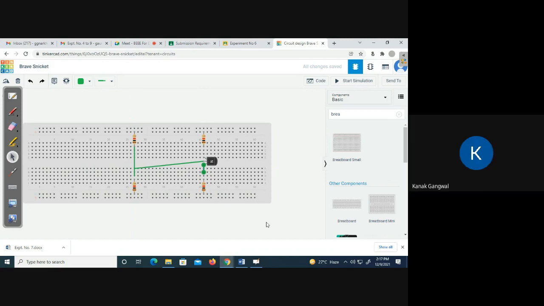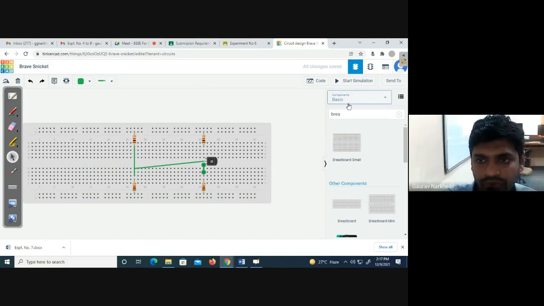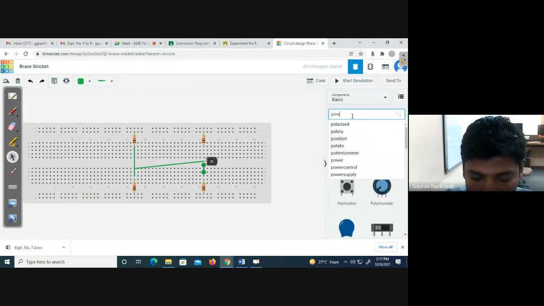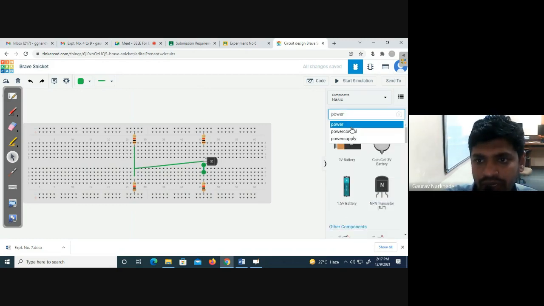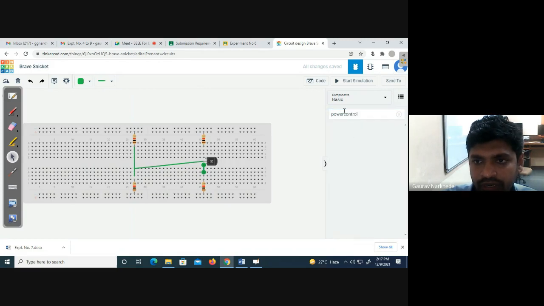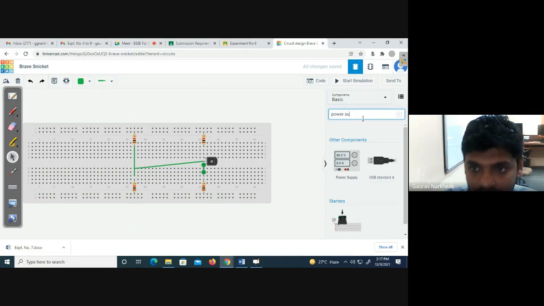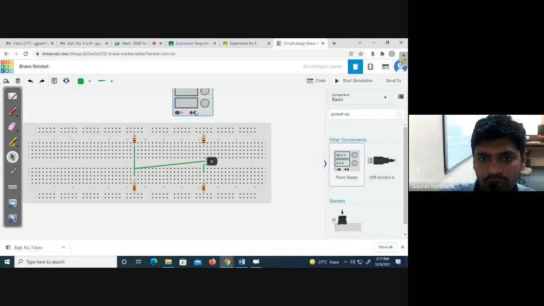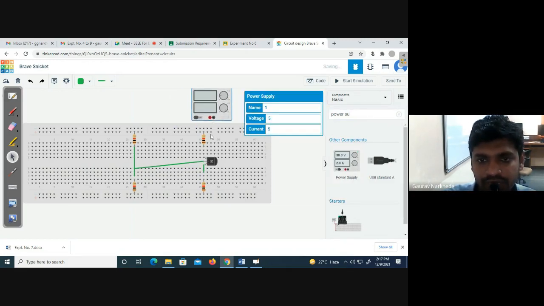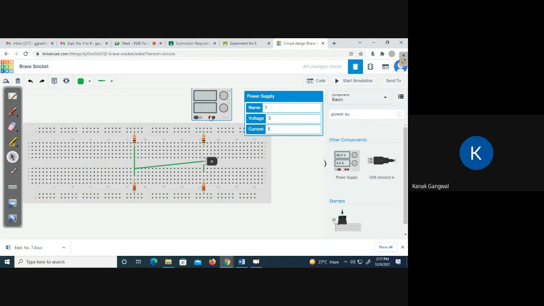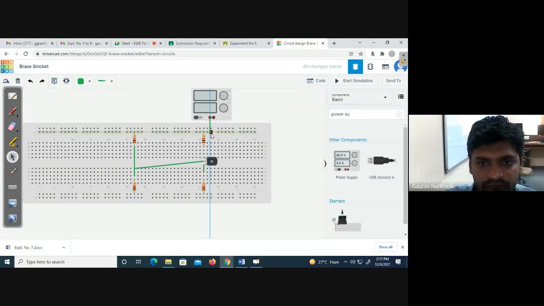Now what else do we want? The function generator. But first of all, we will give some power supply. So this is your power supply, that is plus VCC, the positive terminal connected here. Let me call it plus VCC.